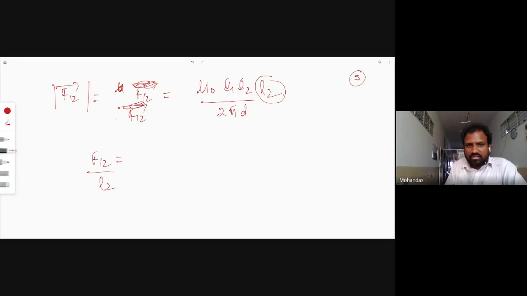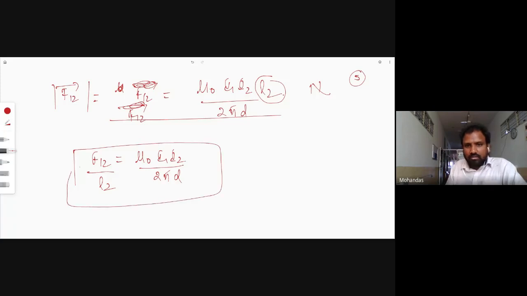And what are the units for this force here? Newtons. This is mu naught I1 I2 by 2 pi d. This is force per unit length. What is the unit for force per unit length?